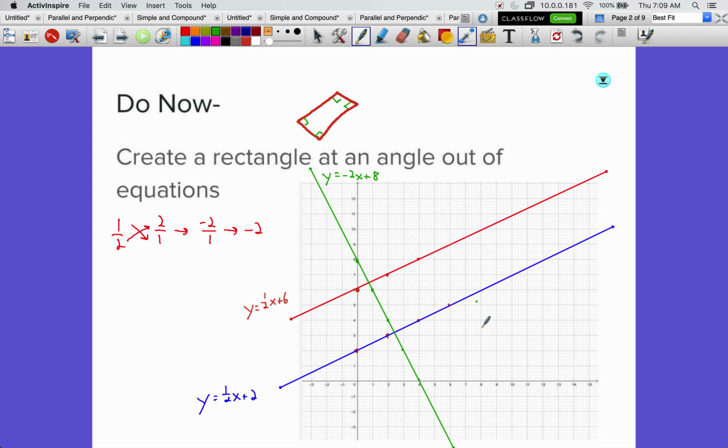And now the other side of this rectangle has to be perpendicular to these two lines, but parallel to this one, so it has to also have a slope of -2. So we'll pick a different value for its y-intercept. Maybe we'll put it up here at 12. Give it a slope of -2.